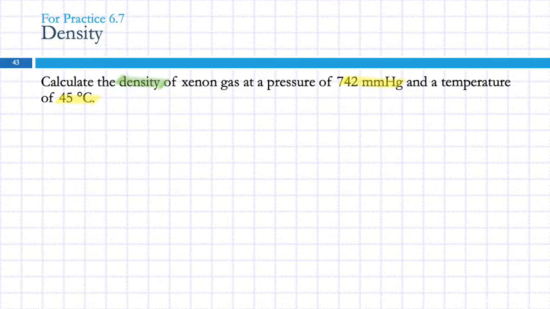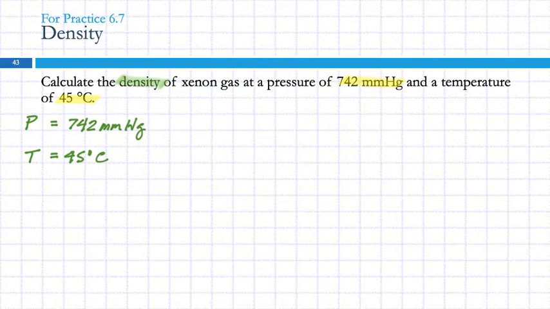So I'm going to write these down: 742 millimeters of mercury, 45 degrees Celsius. Let's label those. Millimeters of mercury is the pressure, P, and 45 degrees Celsius is T.